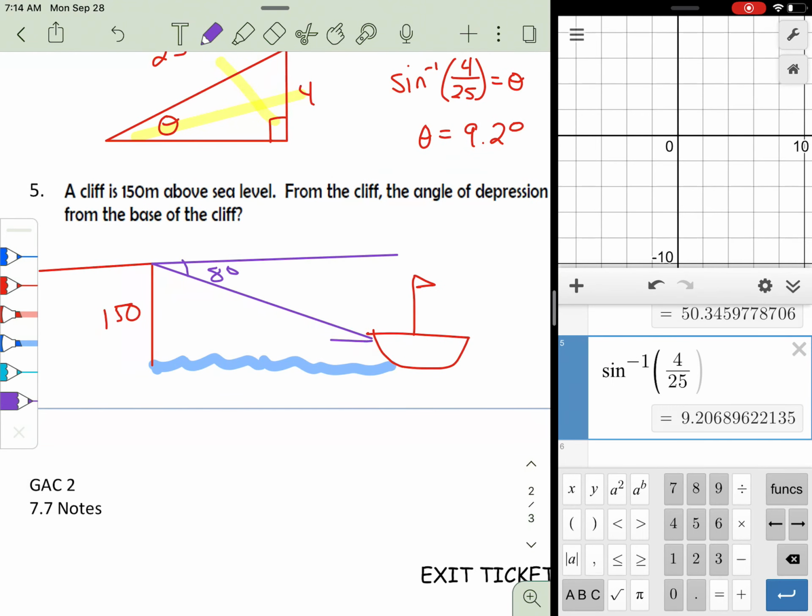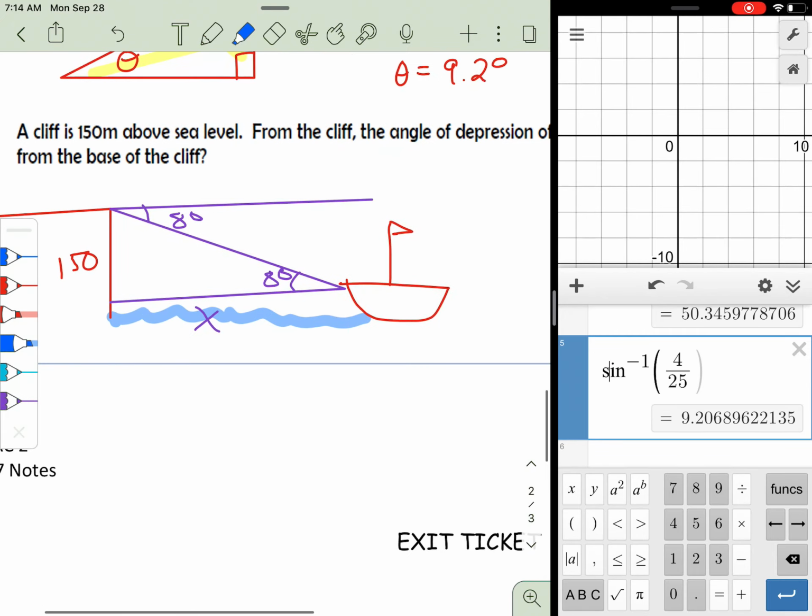Okay, well what we know is since that angle of depression is 8 degrees, we also know that this angle is 8 degrees, so now we can just find this value of x. Okay, well, this is opposite, right? So that's opposite, and this is adjacent. So opposite and adjacent is tangent, so this is going to be tangent of 8 degrees is opposite over adjacent.